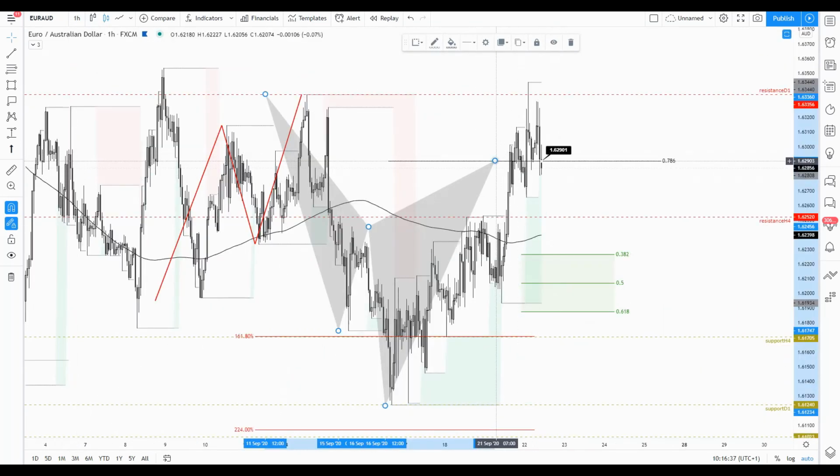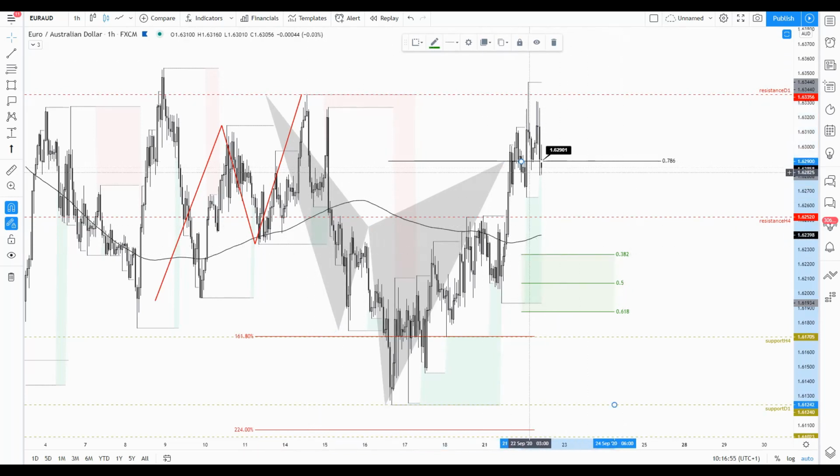So basically, we have the cipher pattern and a retest of the highs, rejecting to trade above it, which keeps validating the pattern. So the market needs to close above the starting point of the pattern to invalidate the pattern. So we're still trading the bearish cipher pattern, and we need to make adjustments, as I said before.